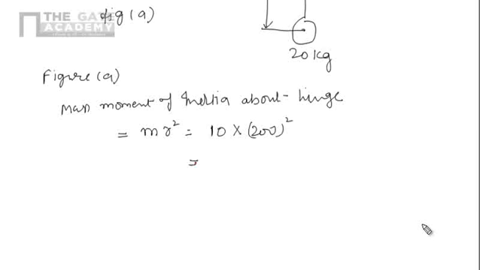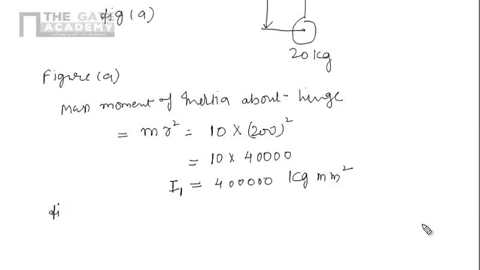So we will get 10 into 40,000, finally 4,00,000 kg mm square. So that is the mass moment of inertia in case A. We will denote it by I1.